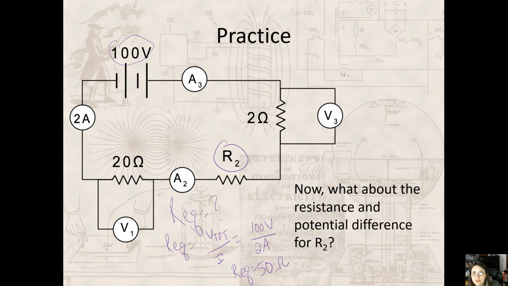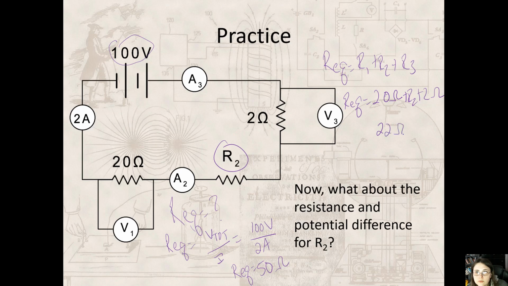So if you remember the equation, R equivalent is equal to R1 plus R2 plus R3. So it's going to be R equivalent is equal to 20 ohms plus R2 plus 2 ohms. So it's then 22 plus R2 is equal to 50 ohms.